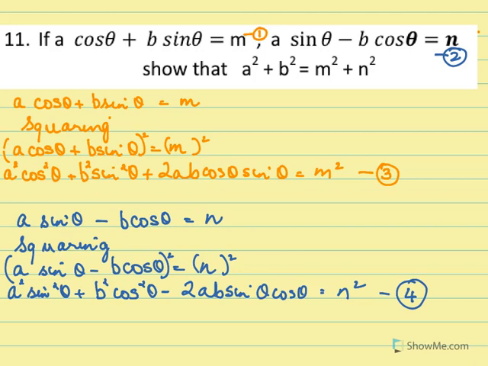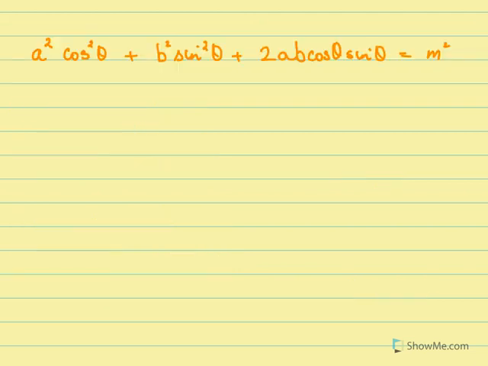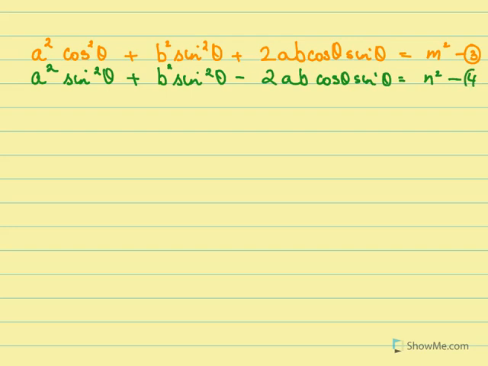Now I'm going to add equation 3 and 4. So this is my equation 3. Below that I'm going to write equation 4. Now see carefully how I'm going to add them up. Here I'm going to take a square common out.